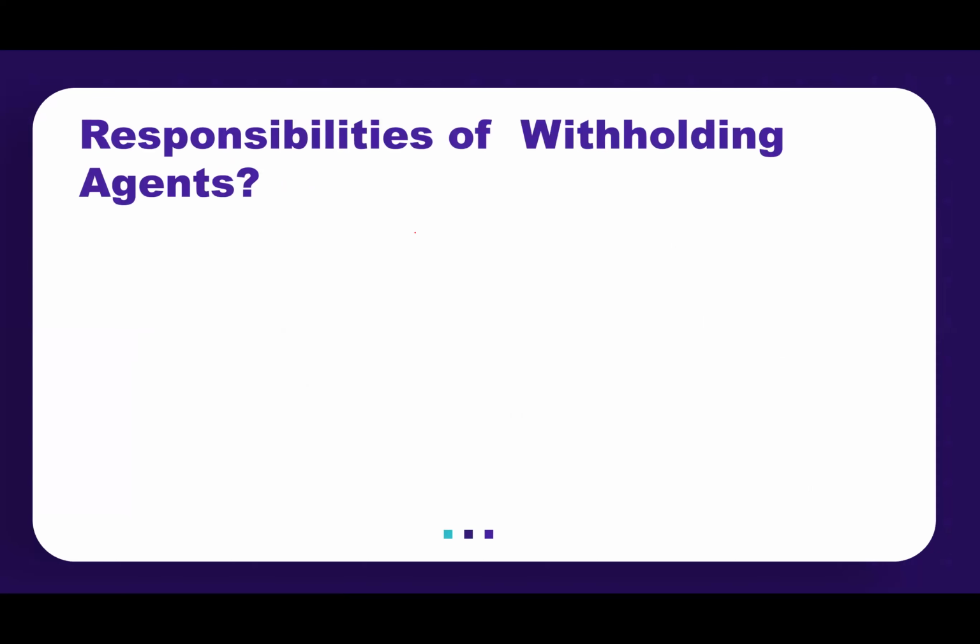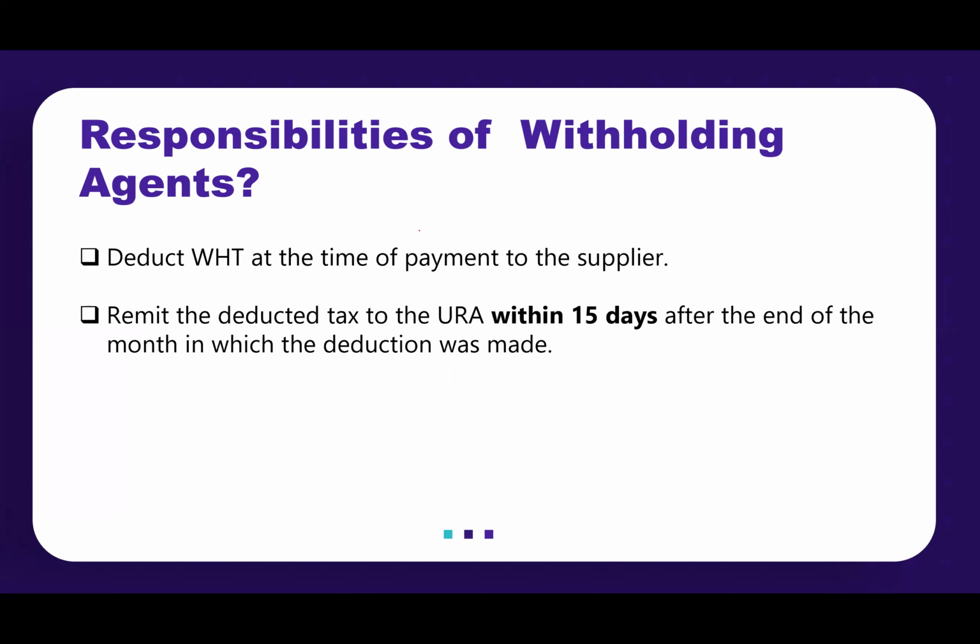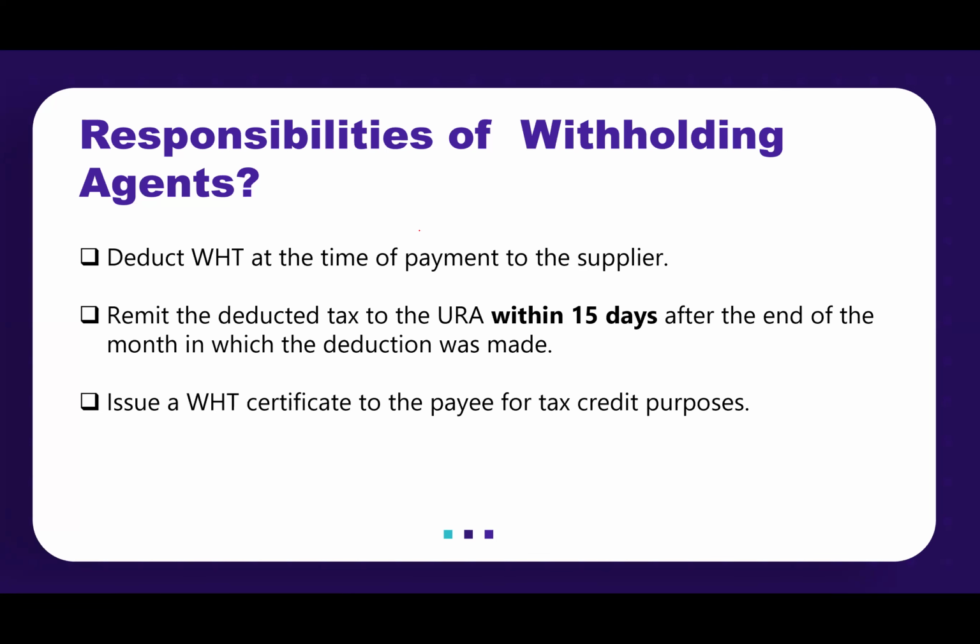So, if I am designated, what are my responsibilities? As a withholding agent, you are expected to deduct withholding tax at the time of payment to the supplier. You are expected to remit the deducted tax to URA within 15 days after the end of the month in which the deduction was made.